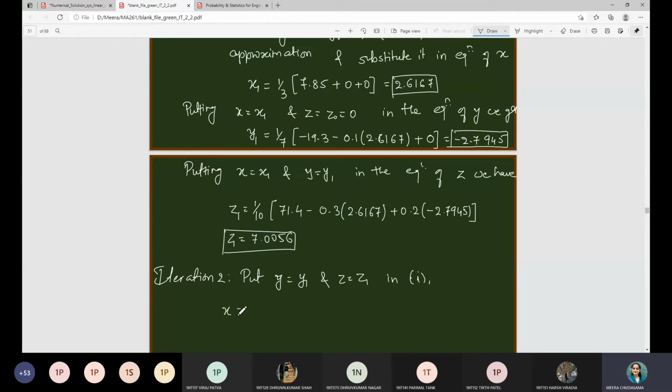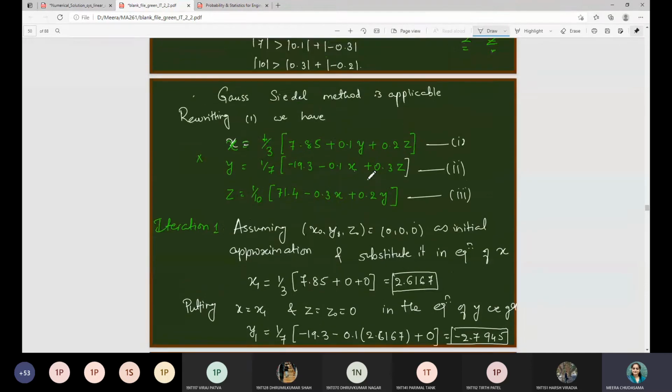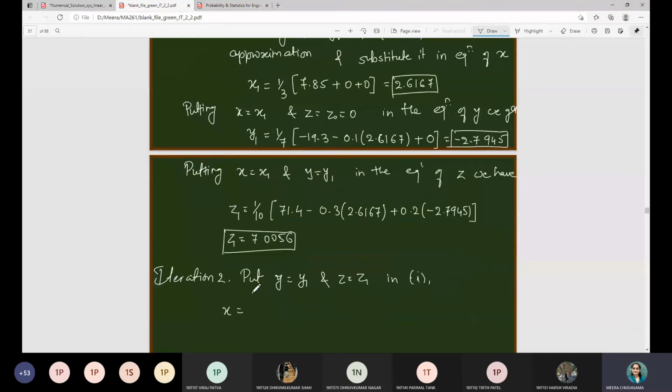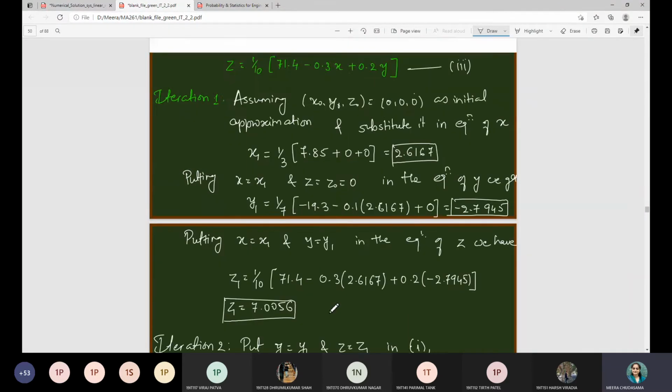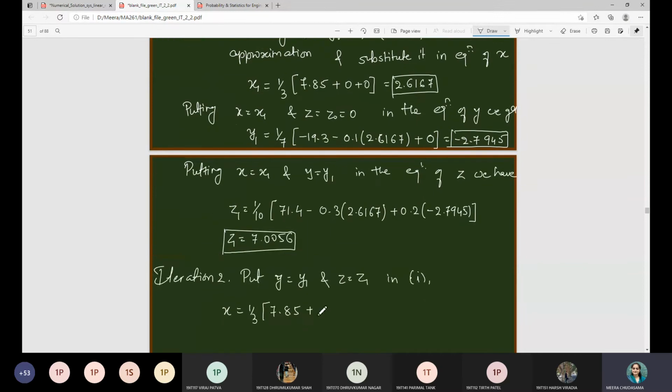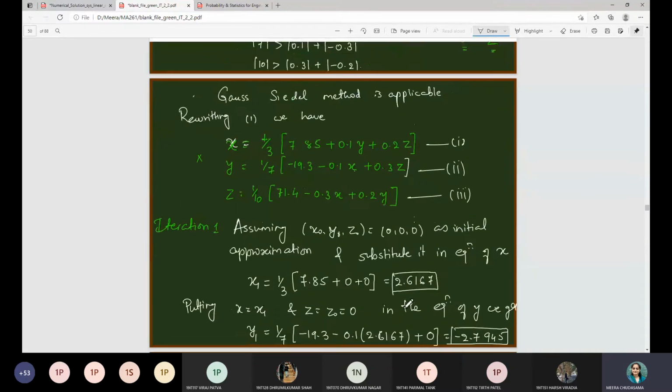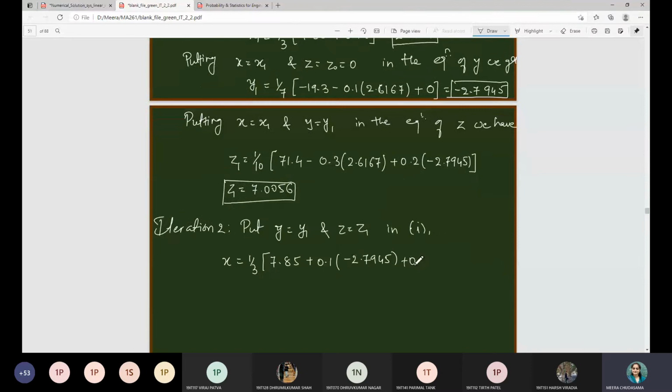So what we'll get, x is equal to, now each time we have to refer to those equations, right? So 1 upon 3, previous case की तरह नहीं था वो, तो 7.85 plus what was it, 0.1 into y, so 0.1 into y1 is minus 2.7945 and then equation is plus 0.2z, so plus 0.2 z1, so it is 7.0056.